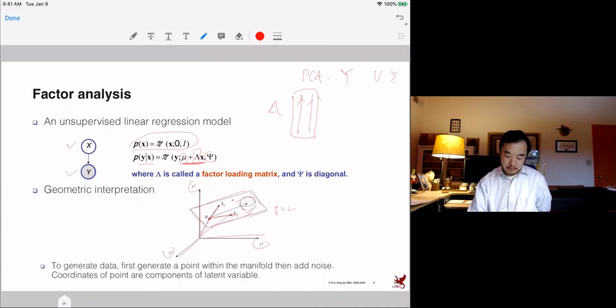In FA, we also have Y. What needs to be figured out so that you can get the X? Because for both PCA and FA, the goal is to obtain X from Y. So what is to be figured out here?